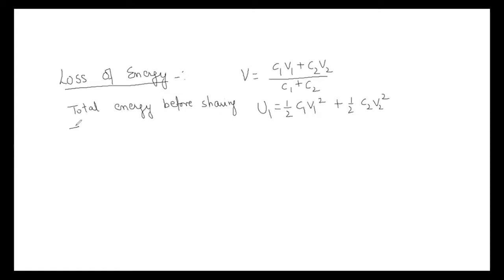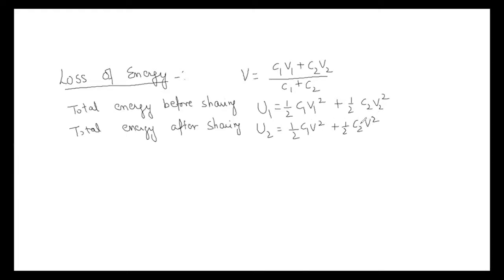Now we'll find out the total energy after sharing of the charges, that is after connecting by the conducting wire. Let it be U2, and the total energy will be half C1 into V squared plus half C2 into V squared. Why?